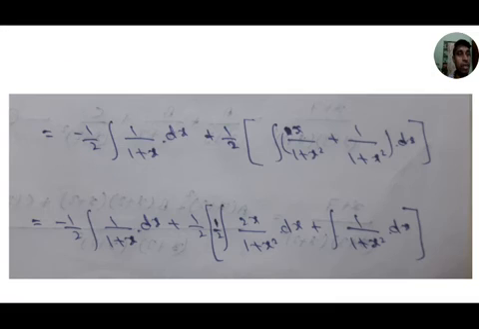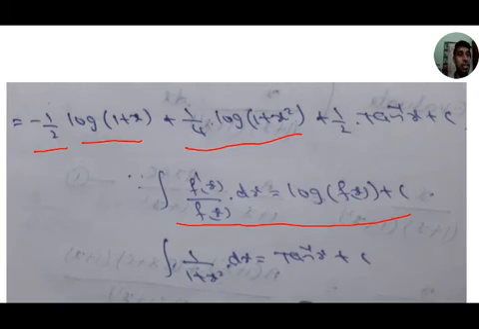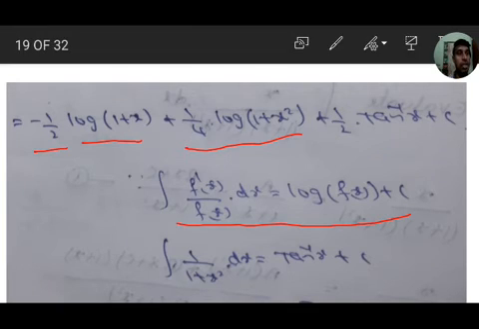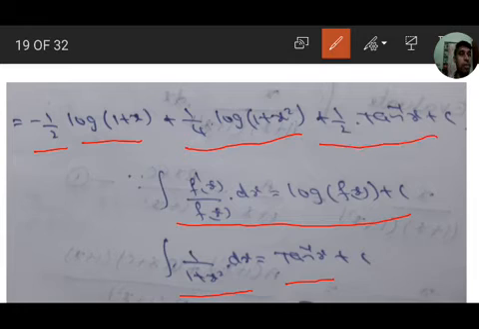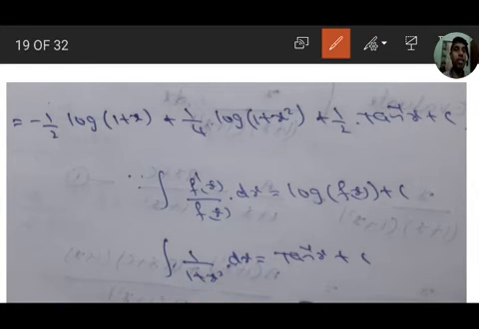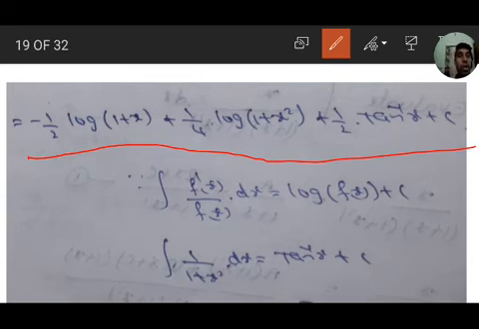The third, integration 1 by 1 plus x square dx, is tan inverse x, that is 1 by 2 into tan inverse x plus c. Therefore the final answer is minus 1 by 2 into log of 1 plus x plus 1 by 4 into log of 1 plus x square plus 1 by 2 into tan inverse x plus c, because of these two formulas and one more, the 1 by ax plus b formula.